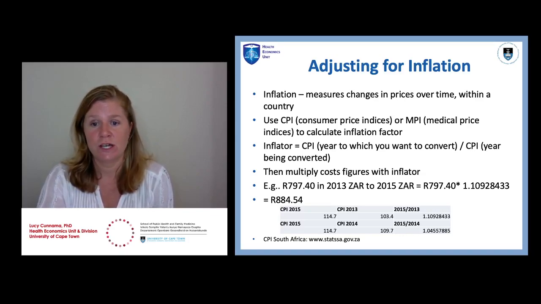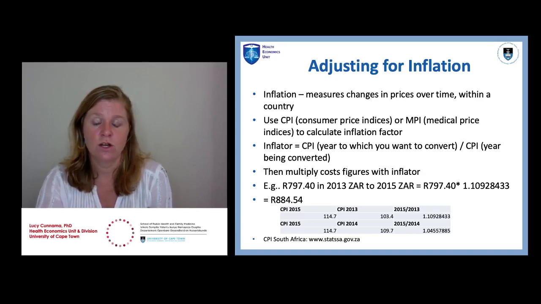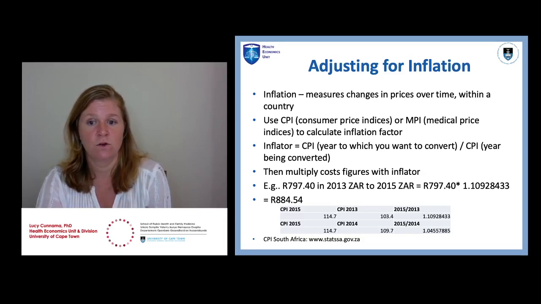So what we do here is we're going to calculate our inflator, and this is our CPI of the year to which you want to convert, divided by the CPI of the year being converted.